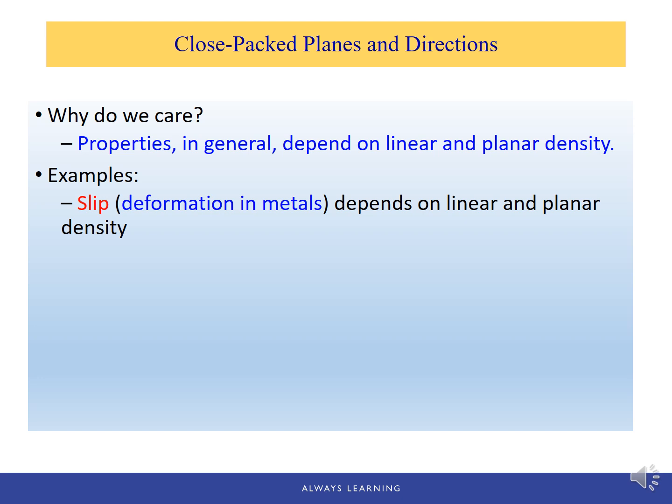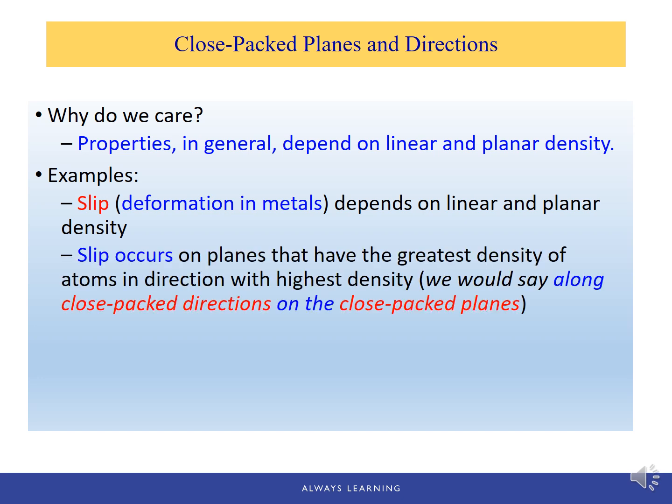This slip depends on linear and planar density. It occurs on planes that have the greatest density of atoms, in the direction with the highest density. So slip, or deformation, usually occurs along the close packed direction on the close packed plane.